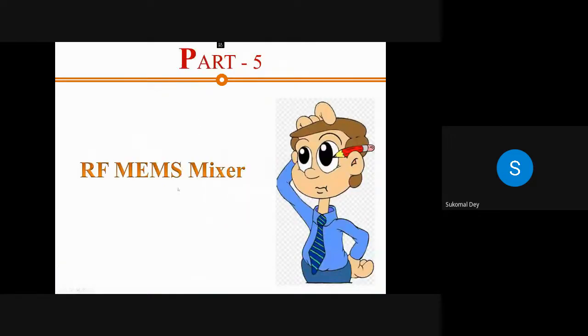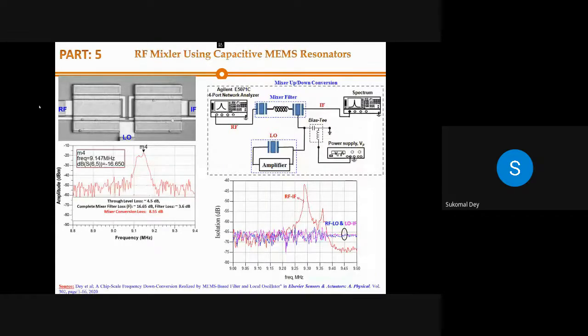Then how do you use MEMS in mixer applications? Quite interesting. This is the microfabricated image of one of the mixers. It's interesting in the sense that if you look at any current transceiver architecture, after every mixer stage there is a band pass filter to get rid of the higher order harmonics.